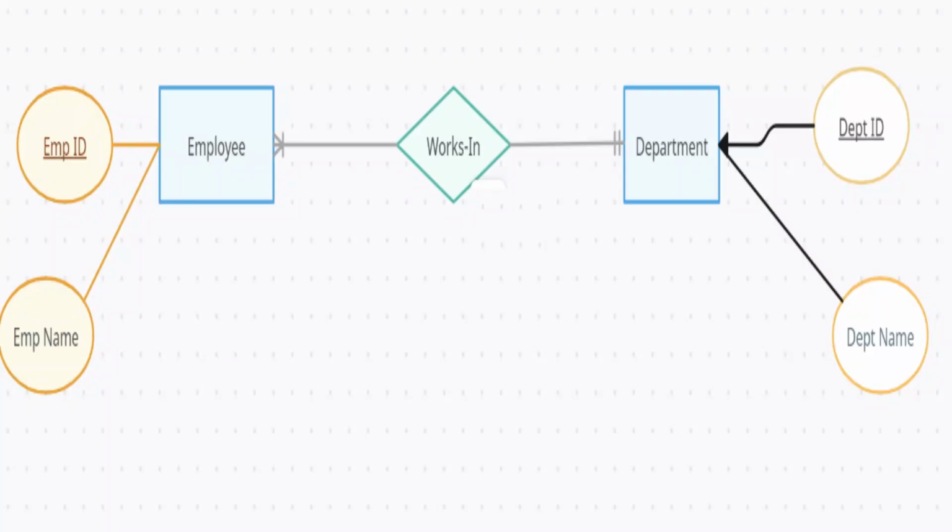So what is the relationship? If I draw an ER diagram between employee and department, you will see it is n:1. Why n:1? Because n number of employees can be part of one department. Therefore, the relationship is n:1.